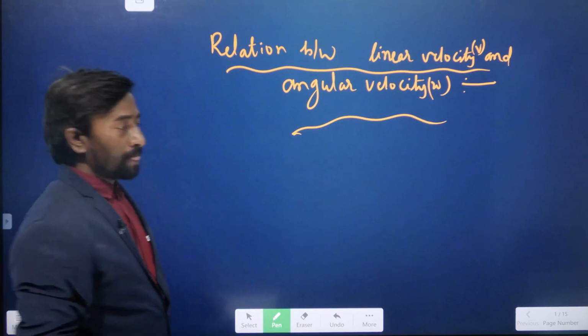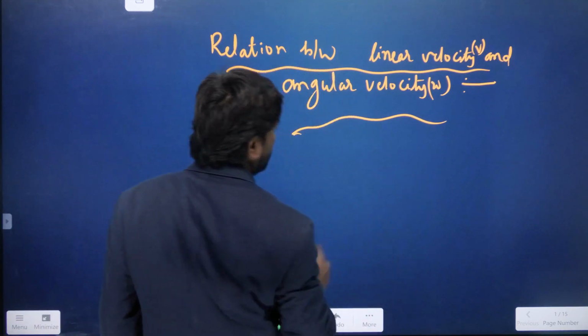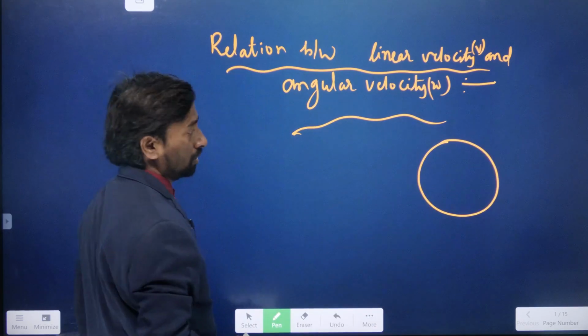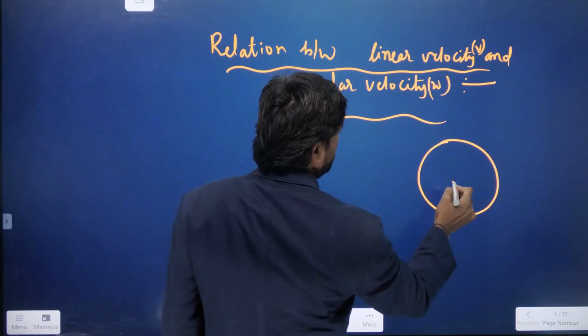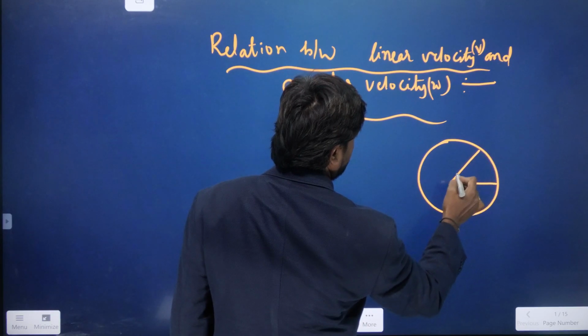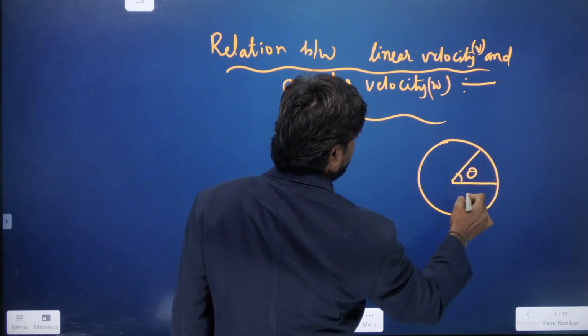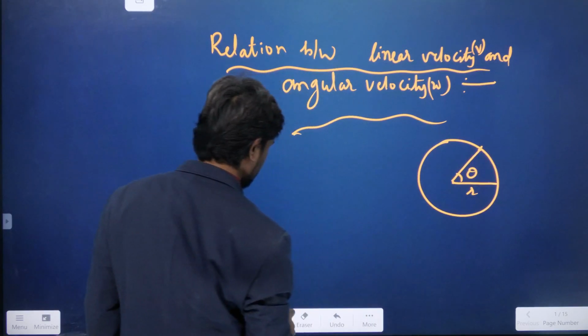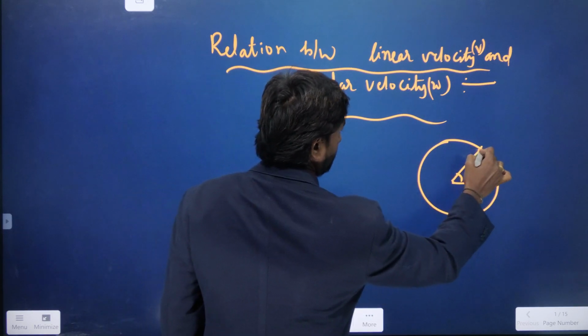Okay. See now here, suppose an object is moving in a rotatory motion or in a circular motion, so suppose this is a radius, and this is a radius and the angle made by it is theta, and this one is the arc.